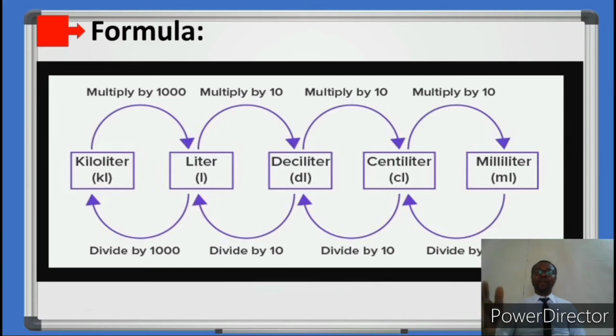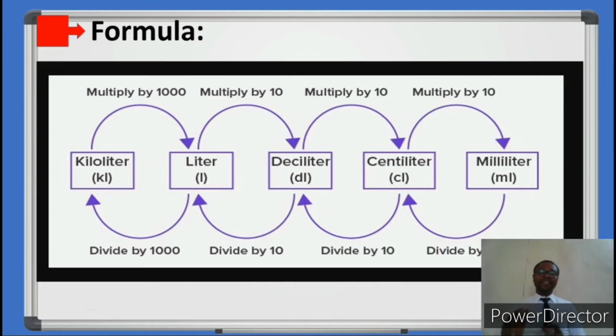So if we want to convert milliliter to centiliter, we have to divide by 10, because centiliter is bigger than milliliter, and 10 milliliters is equal to 1 centiliter. So if we're converting from milliliter to centiliter, we divide by 10.